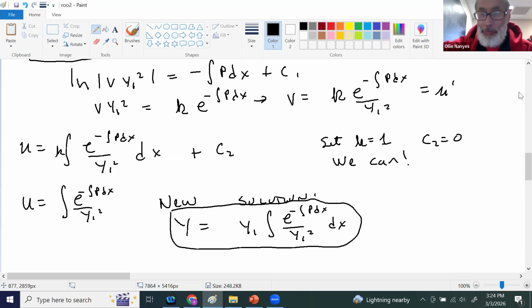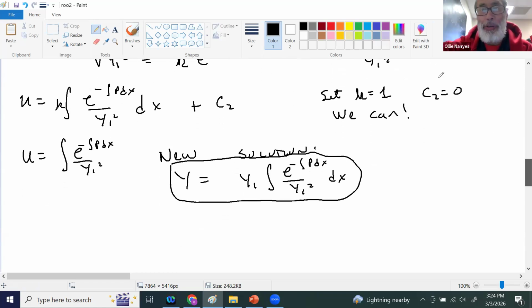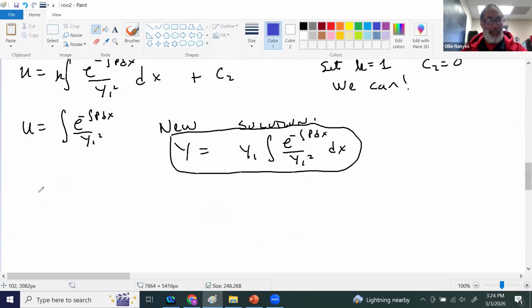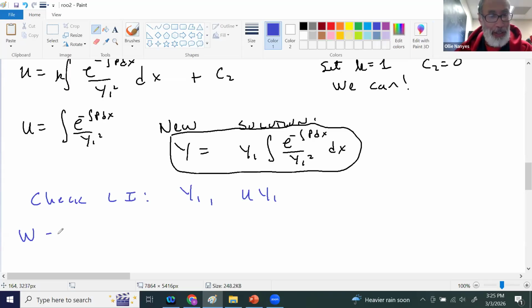Now, we promised linear independence, so let's check linear independence. And let's go back to calling this thing u. So we had the first solution, y1. The second solution is this function u y1. Now let's calculate the Wronskian, because these are solutions to the same differential equation.